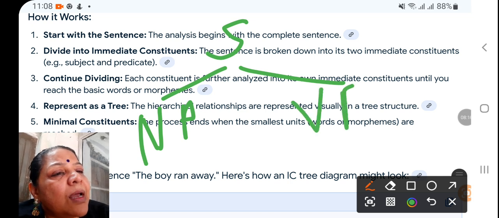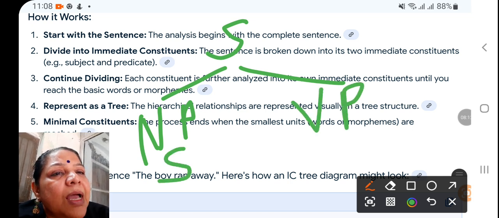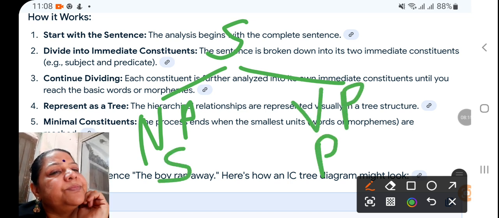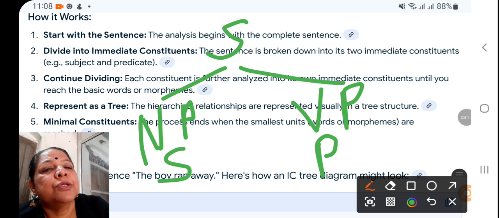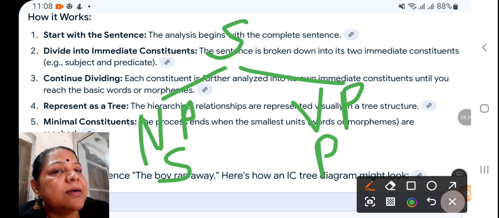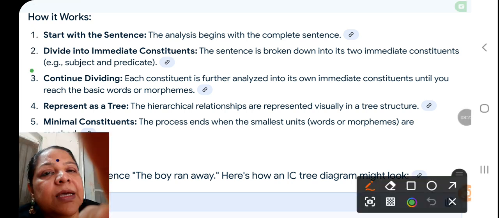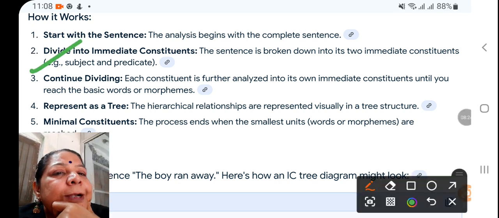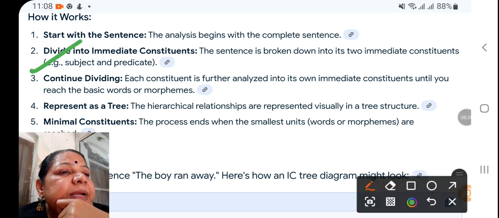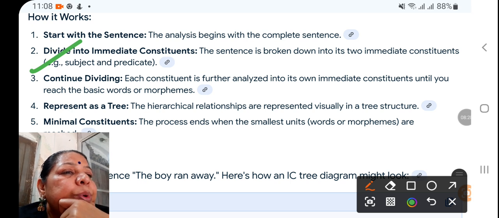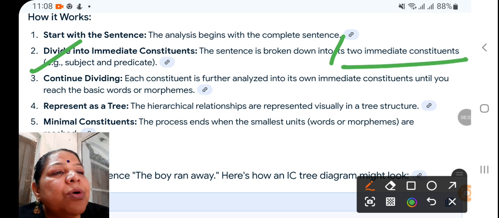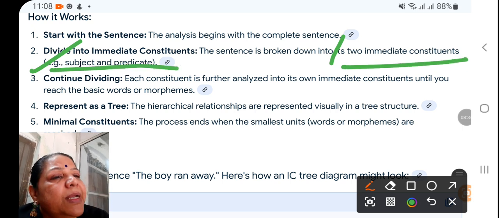The noun phrase is called the subject and the verb phrase is the predicate. Please take care. So the second step is to divide into immediate constituents: the sentence is broken down into its two immediate constituents, subject and predicate. Okay.